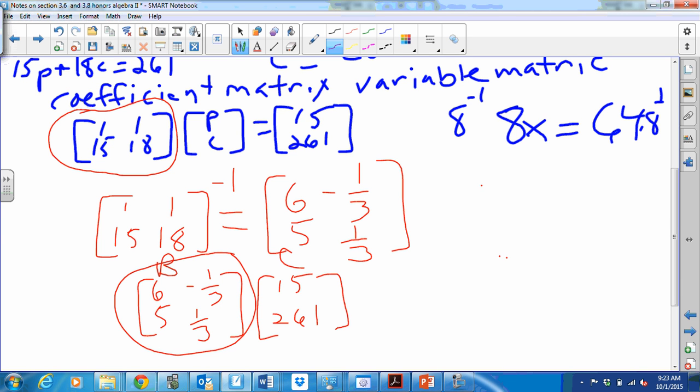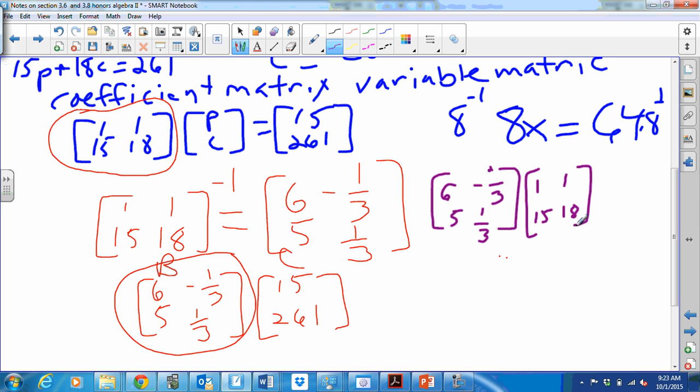So what just happened is that we multiplied, and I'm going to write what we just did in purple. We found the inverse of 1, 1, 15, 18, and we multiplied 6, negative 1/3, 5, 1/3 by 1, 1, 15, 18 times P, C. And that equals, sorry, this is really hard to write with my finger.